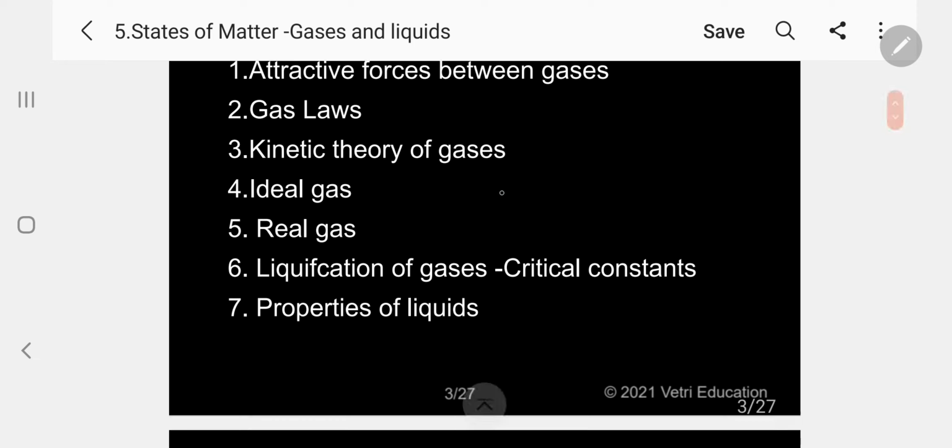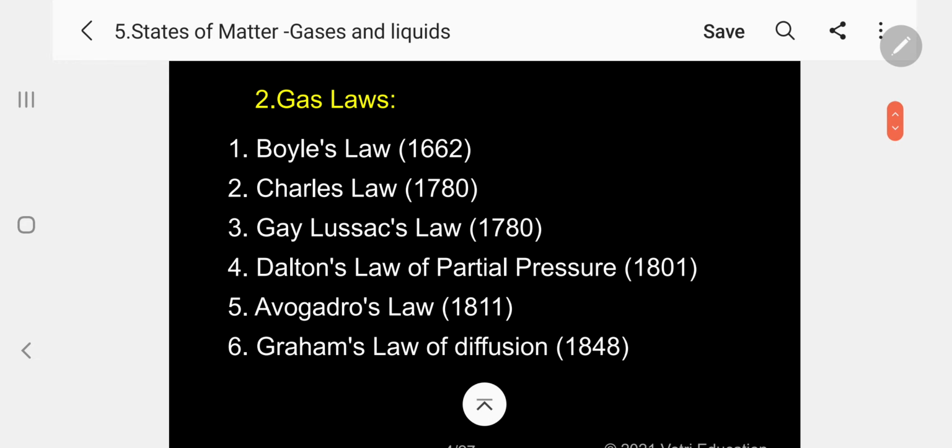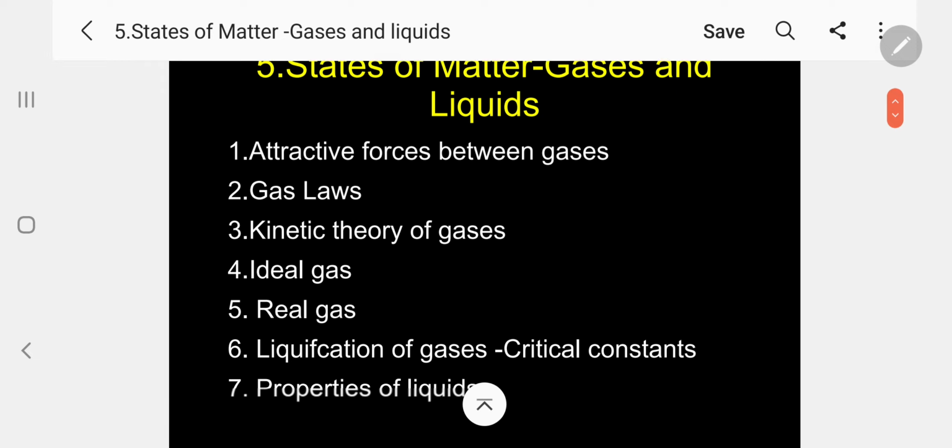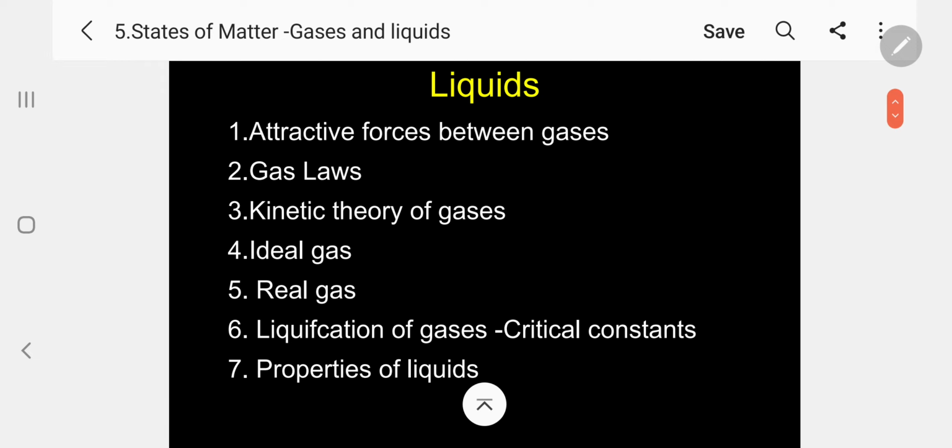Under the gas laws, you have to study Boyle's law, Charles' law, Gay-Lussac's law, Dalton's law of partial pressure, Avogadro's law, and Graham's law of diffusion. So many gas laws you have to study, and you have to memorize each equation, because problems will be asked.